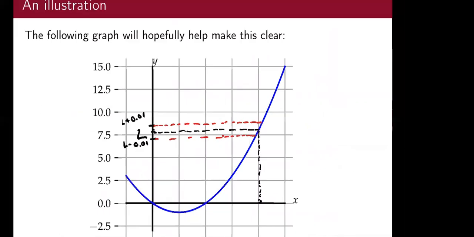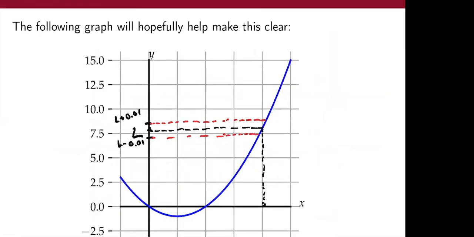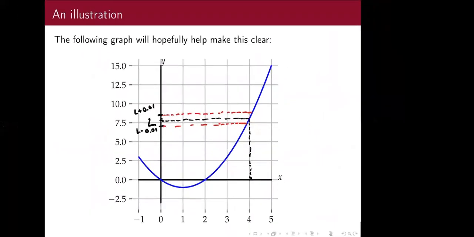Okay, so we want to know, let me change colors here, because this is the bound that we want. We want to know how close x has to be to A so that f of x stays within those two red lines.